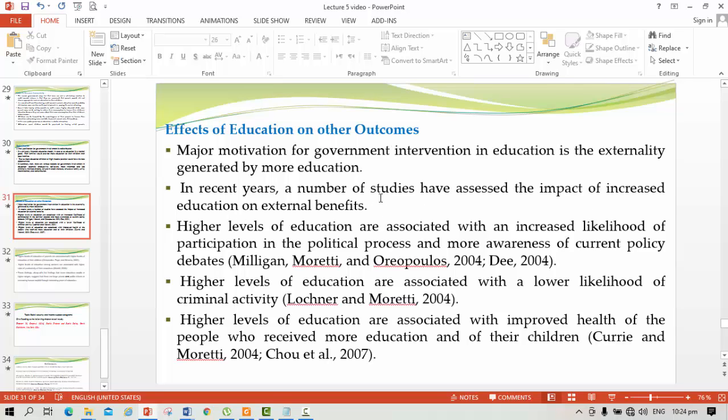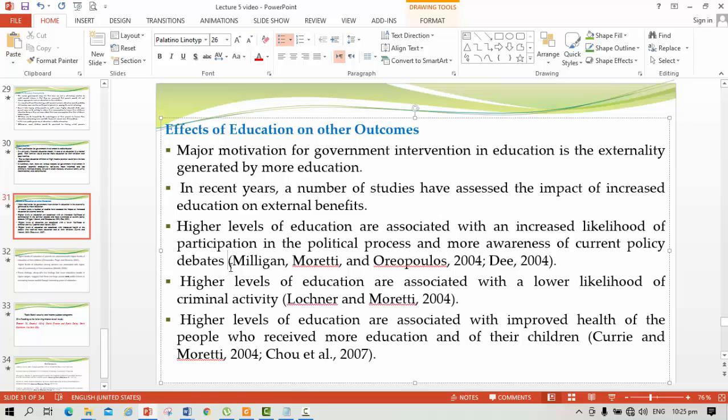Higher levels of education are associated with an increased likelihood of participation in the political process and more awareness of current policy debates. It is an outcome of much research conducted by researchers like Milligan, Moretti, and others.